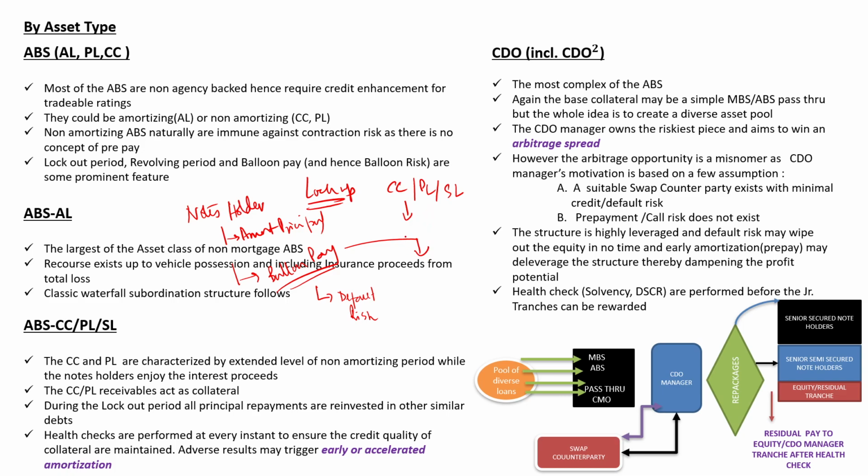This is called the balloon risk. Balloon risk, as the text might have explained, is limited to the default risk, but it's not so. The balloon risk also extends to the reinvestment risk because of the lump sum principal being received at one go.